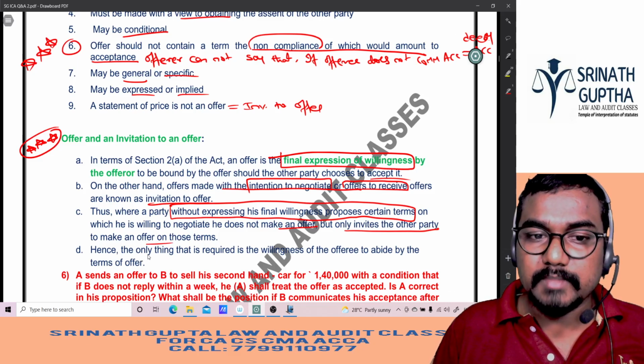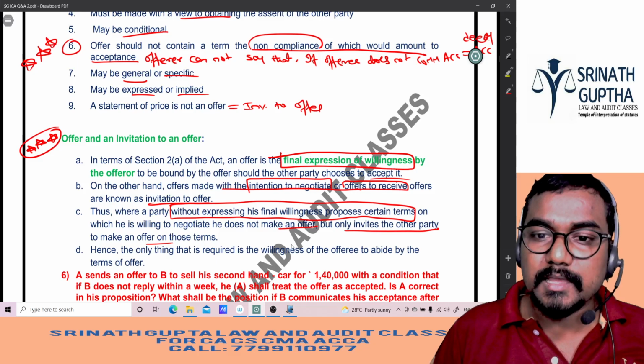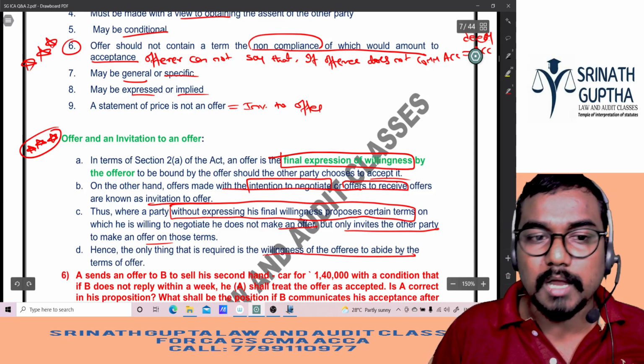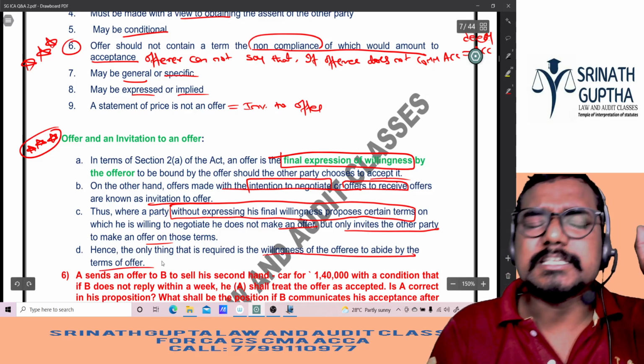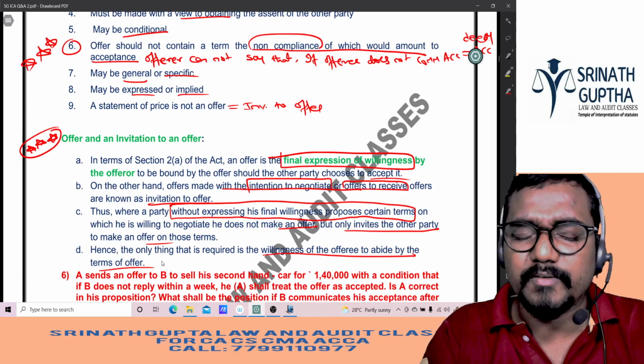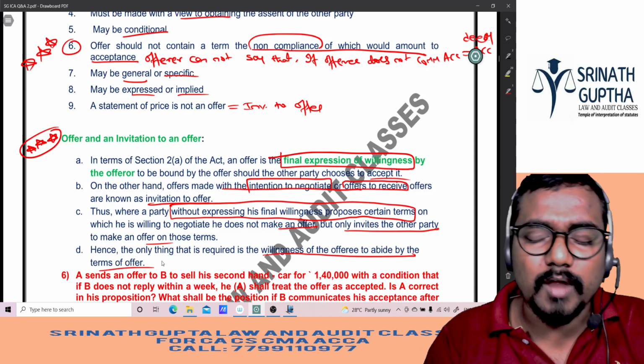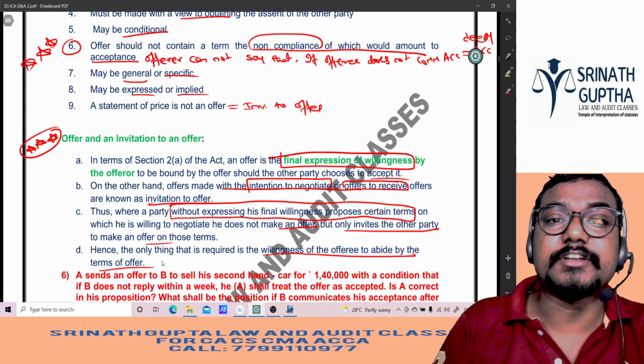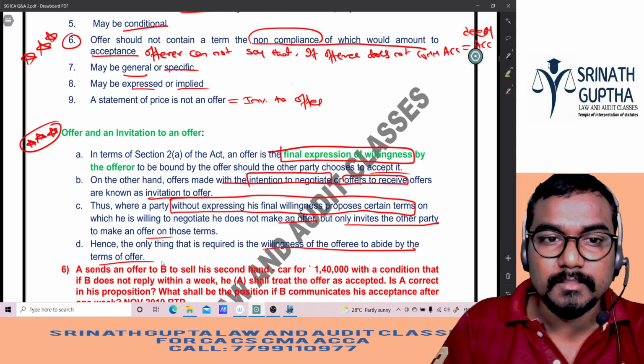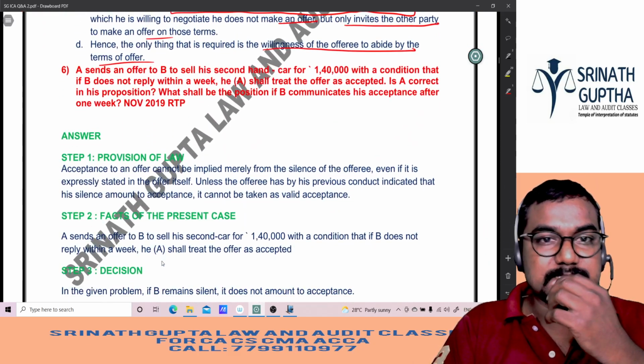Hence, the only thing that is required is the willingness of the person to abide by the terms of the contract. Final expression is offer. It is not a final expression, I want to negotiate furthermore, it is an invitation to offer. Understood, beta? Next question beta, question number 6.